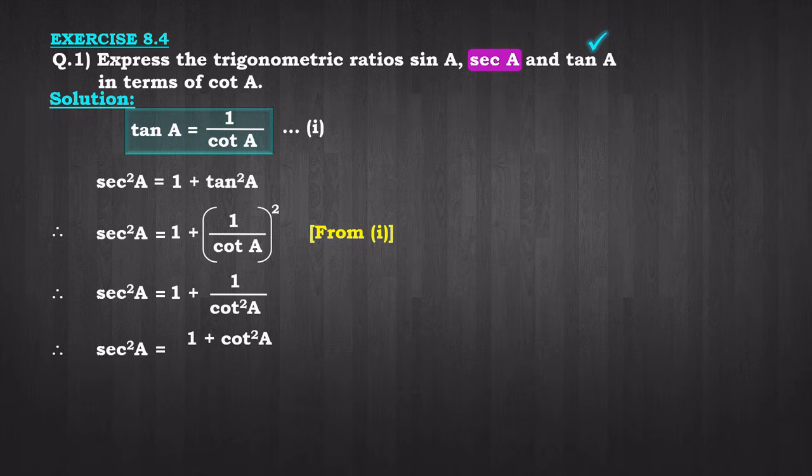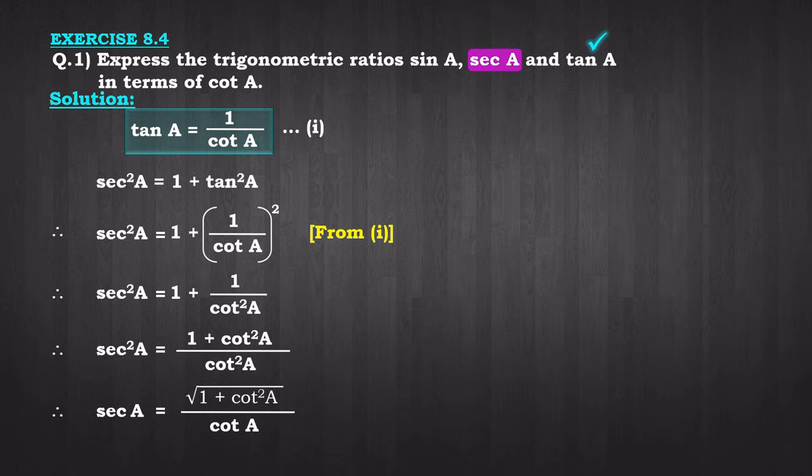So, secant squared A is equal to 1 plus cotangent squared A upon cotangent squared A. Now take the square root of both sides. Therefore, secant A is equal to the square root of 1 plus cotangent squared A divided by cotangent A. This is equation 2. We will continue the rest in next slide.